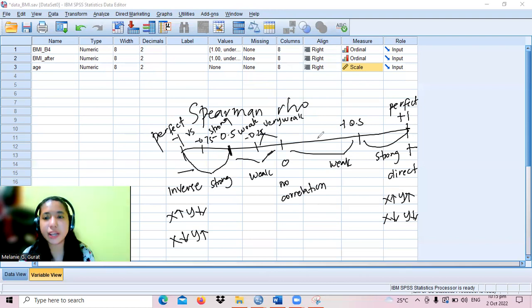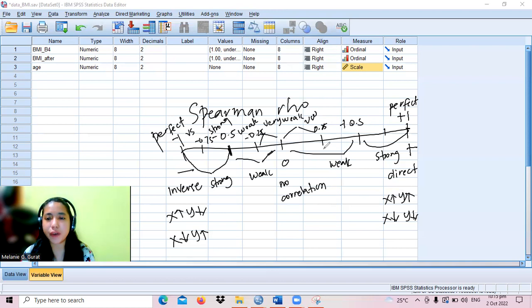Similarly, on the positive side, between 0 to 0.25 is considered very weak.